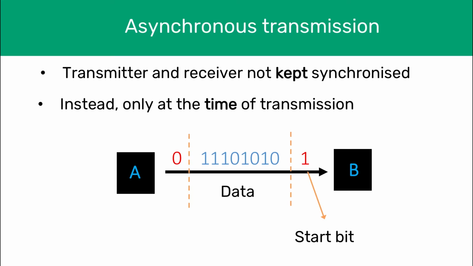Then follows the body of data, in this case a byte, followed by a stop bit, which indicates the end of a unit of data transmission. Instead of a common clock signal, the start bit causes the receiving device to synchronize its internal clock to the transmitting device's clock, ensuring they are in time.